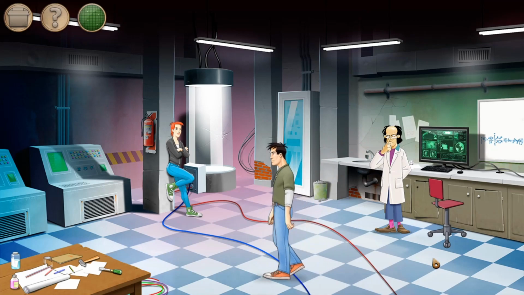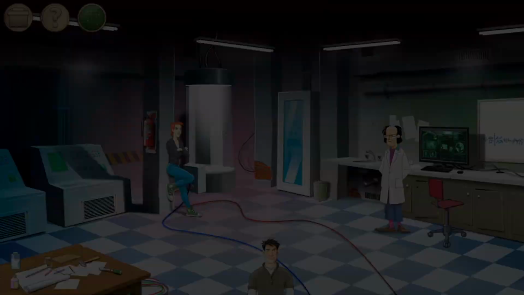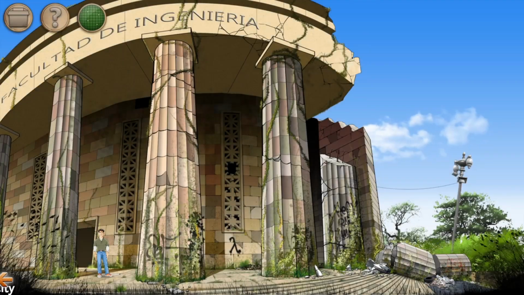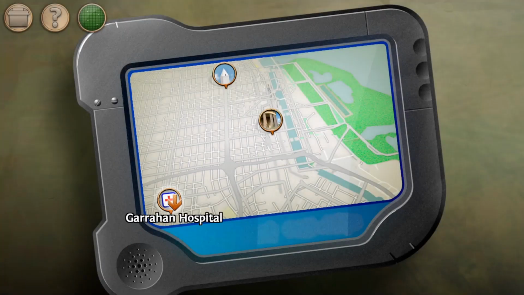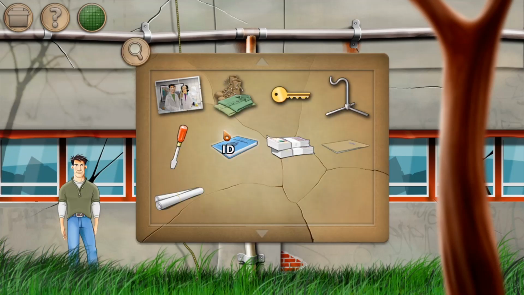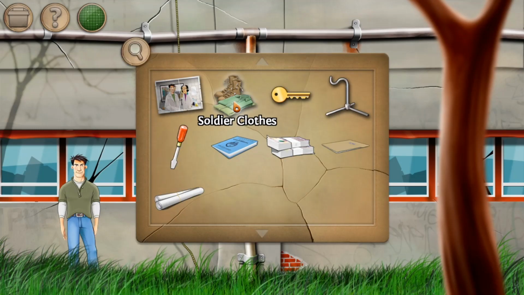So we're going to the hospital, a familiar location from the previous chapters. Now we cannot go up without using the soldier clothes.